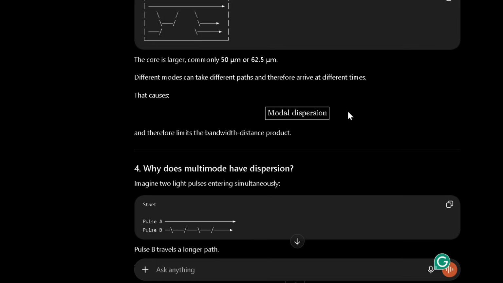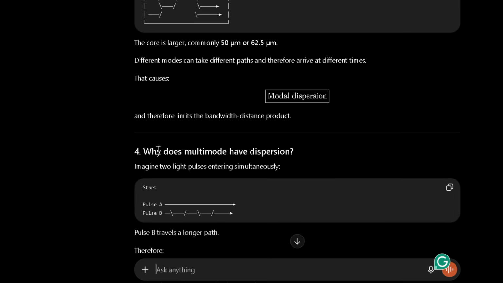That causes modal dispersion. Because of this propagation difference, they arrive at different times. That's why it causes modal dispersion and therefore limits the bandwidth-distance product.